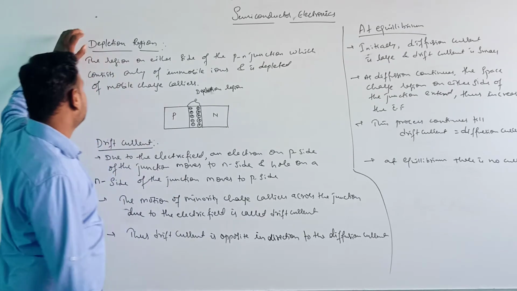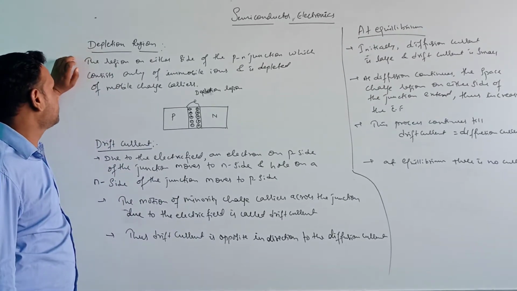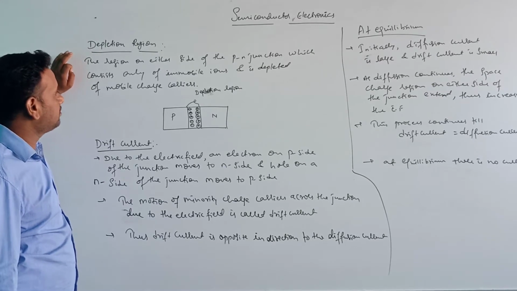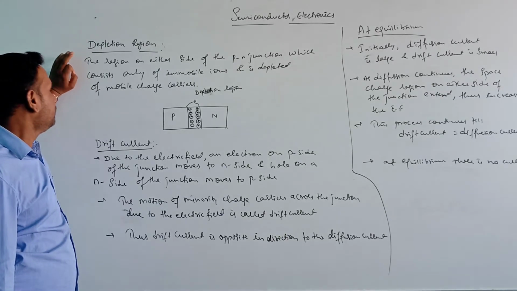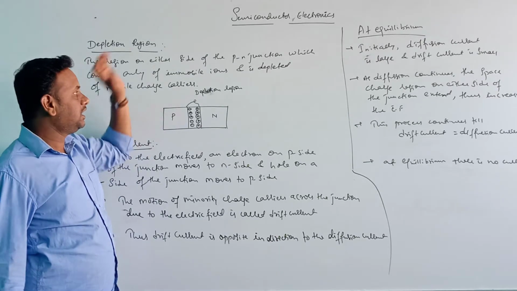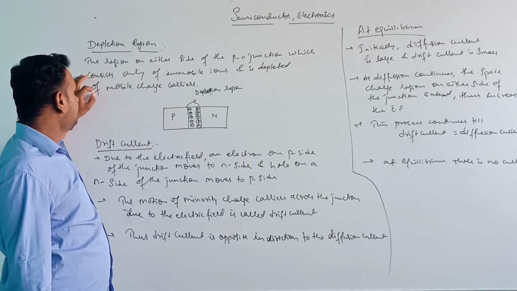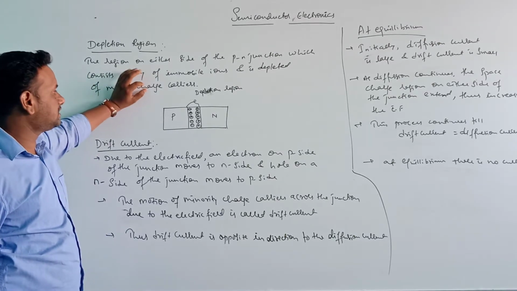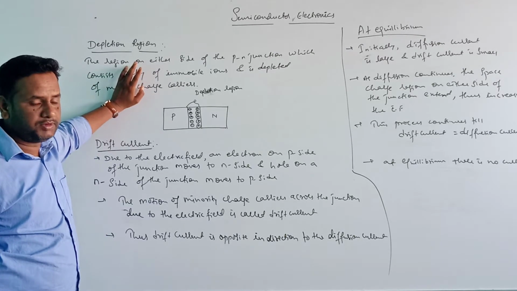So this is the definition of the depletion region. The region on either side of the PN junction which consists only of immobile ions and is depleted of mobile charge carriers is called the depletion region.